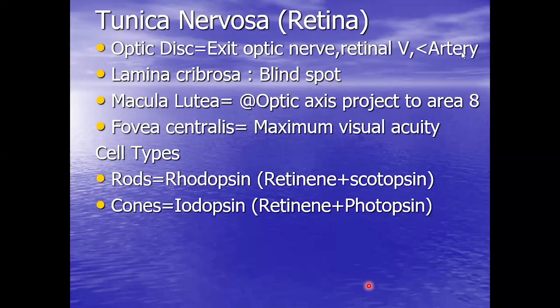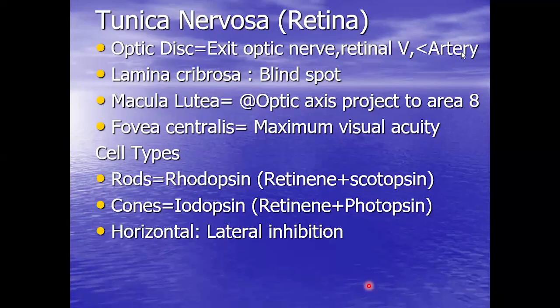So these are the ones which have the pigments, which are stimulated and are able to generate an electrical impulse. This is the area of induction, and these are at the outer parts of rods and cones.